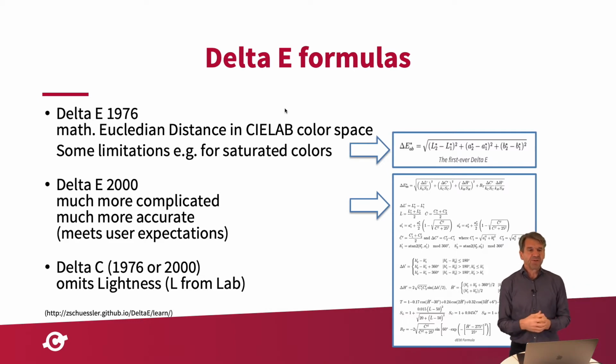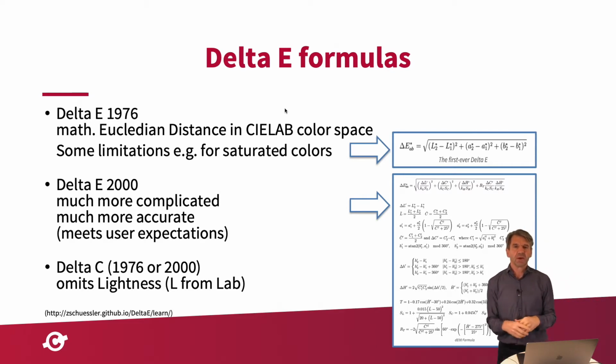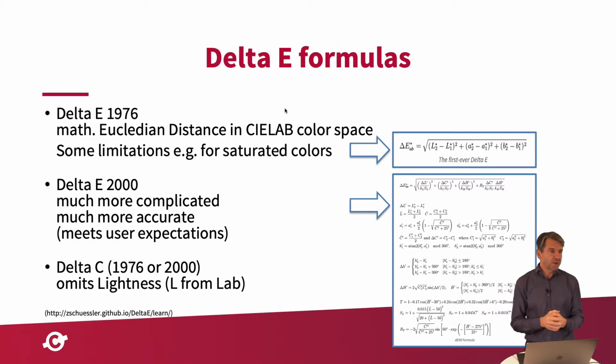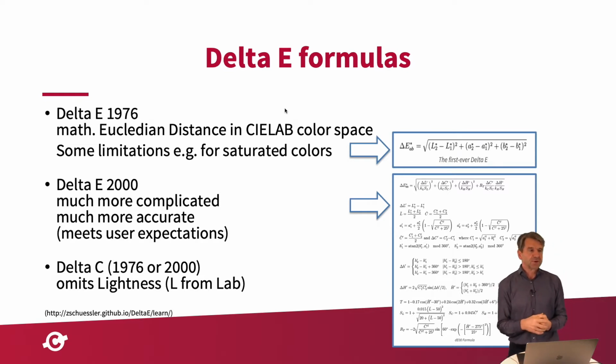But then people found out that this is not always accurate. So mostly for saturated colors, you need better algorithms in order to make different delta E values, the same value in between different colors, really have the same meaning. And then some smart people came out with a complicated formula, which I'm not going to explain because I don't understand it.